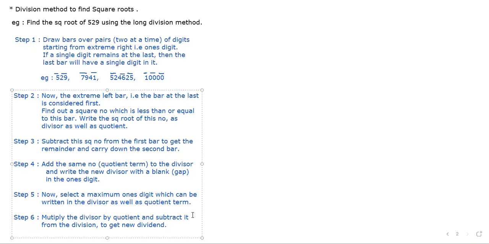Last step. Continue this process till the remainder is 0.